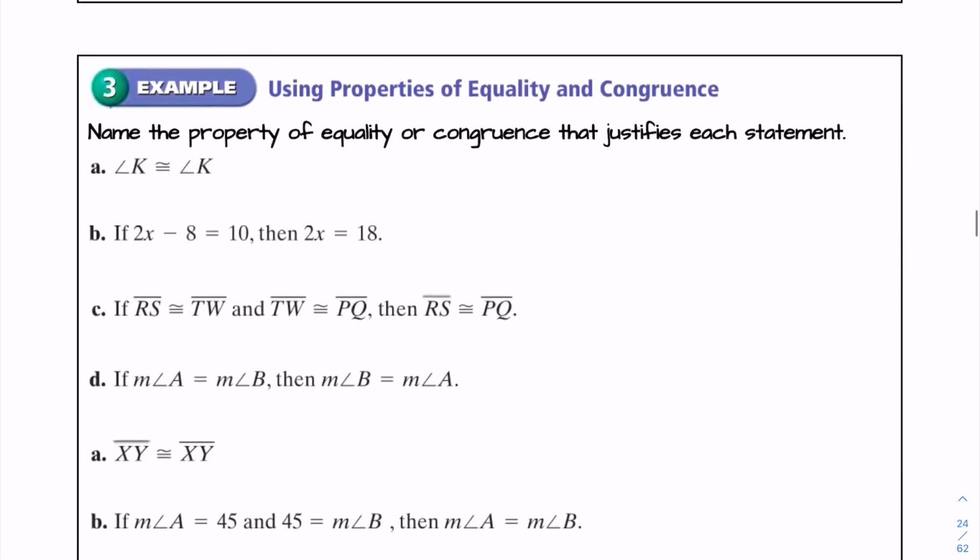Name the property of equality or congruence that justifies each statement. Here, the first thing I like to look at is whether this is a property of equality or congruence. The first thing that should stand out is that it is a property of congruence. So I'm going to finish it off with property of congruence.